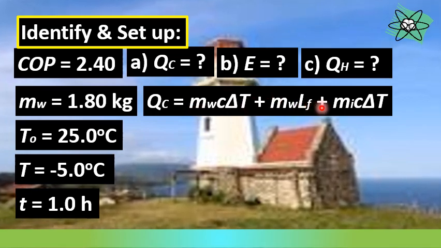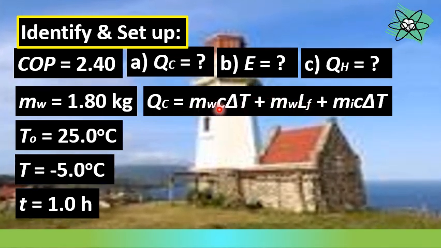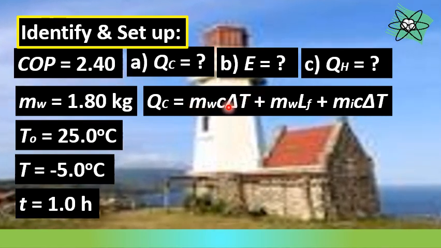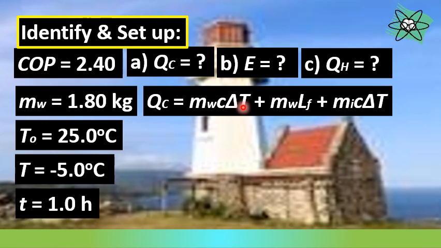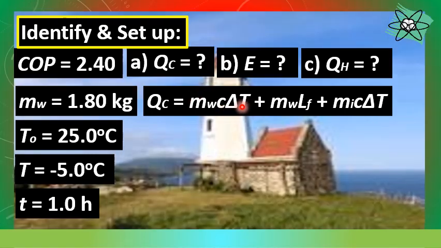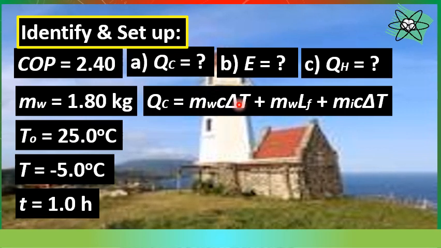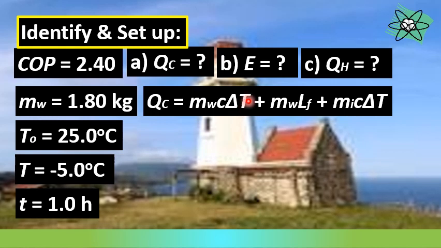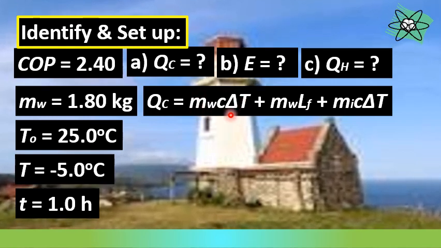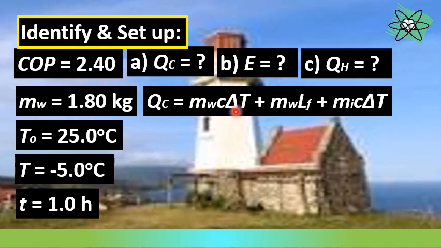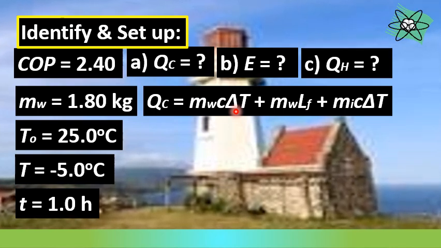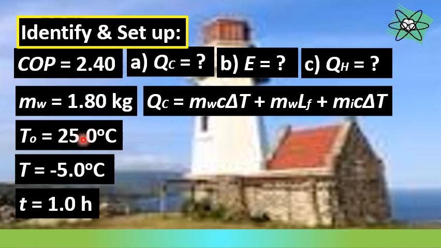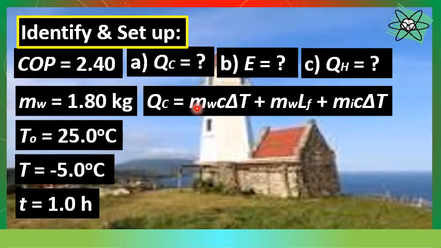The first term, mass of the water multiplied by its specific heat and its change in temperature, will be denoted later in our computations as Q sub 1. This pertains to the amount of heat that is extracted from liquid water in order for its temperature to drop from 25.0 degrees Celsius to 0 degrees Celsius.